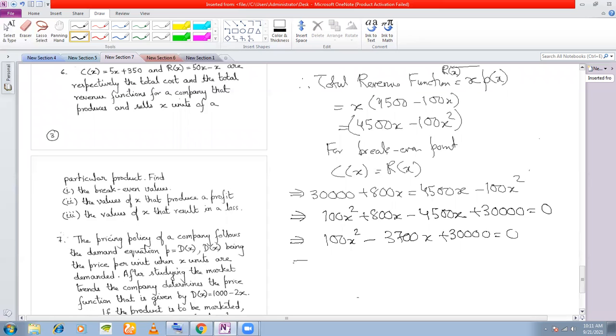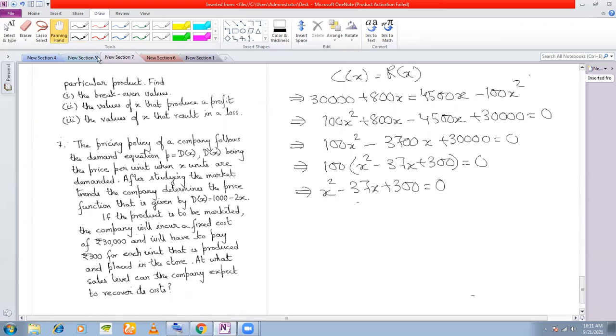Now you can take 100 out. So ultimately the quadratic that you are getting here is, and now we can factorize this.